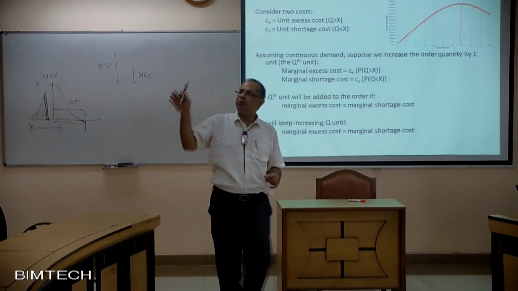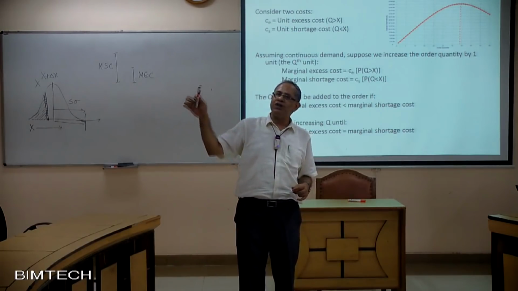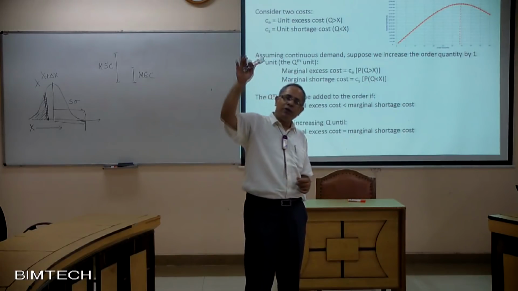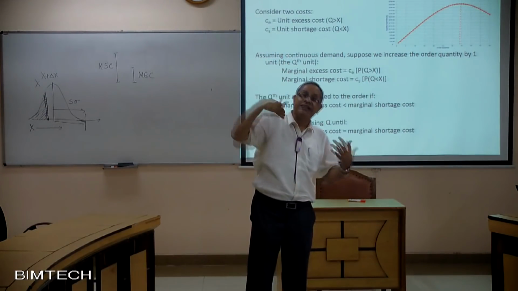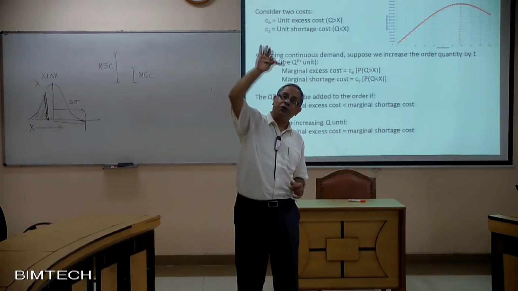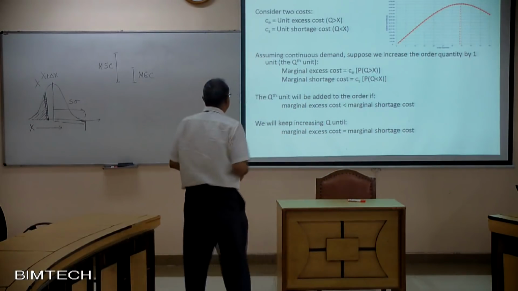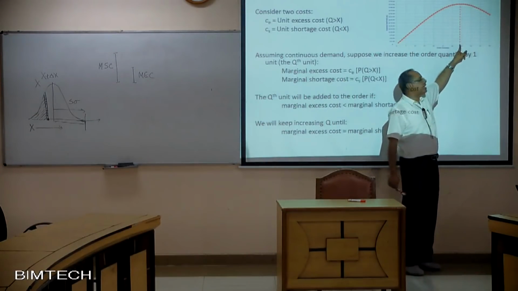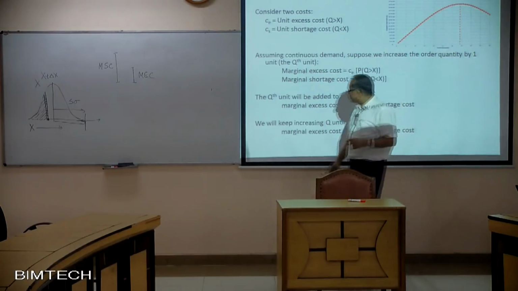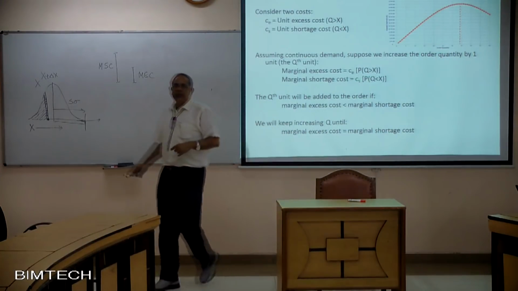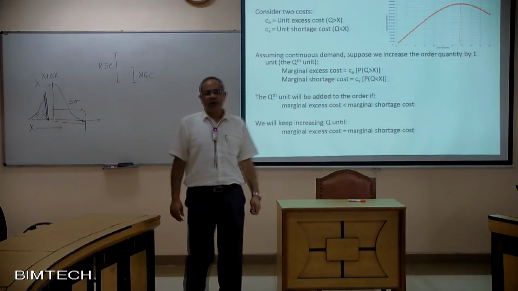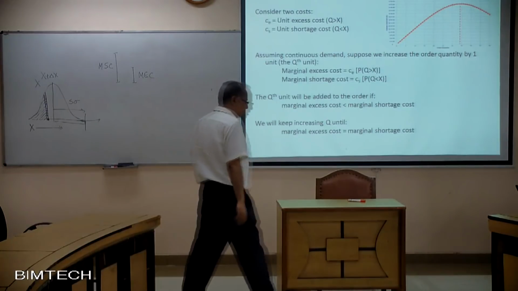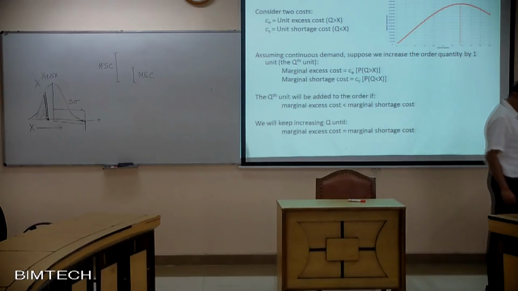The only reason that the profit is rising is because your marginal excess cost is less than the marginal shortage cost. But the moment marginal excess cost exceeds marginal shortage cost, your entire profit will start falling. So, therefore, we are saying that our optimal order size is related to this equality of the two marginal costs, and we will use this equality to arrive at the next result.